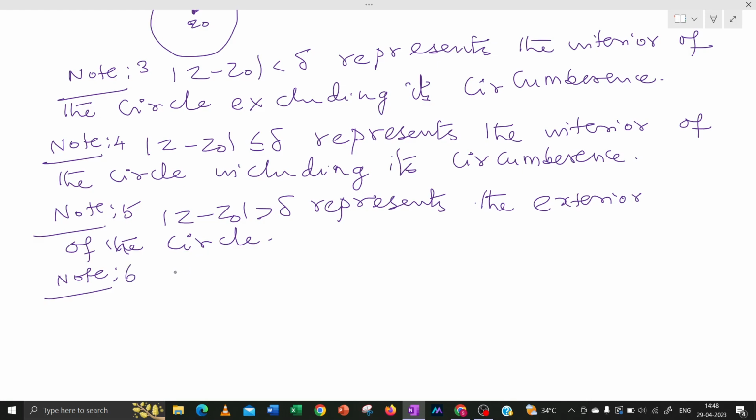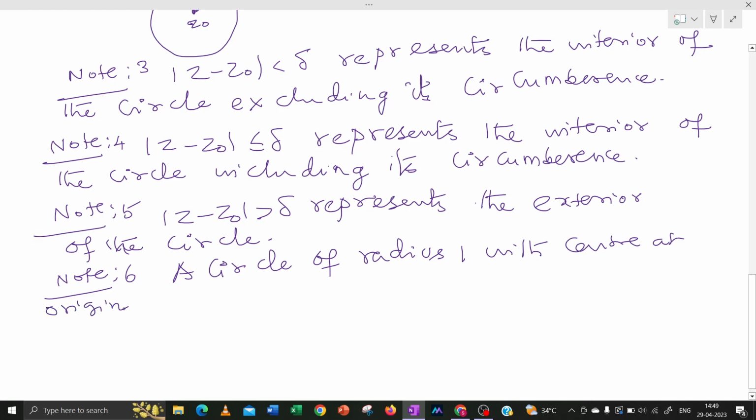A circle of radius 1 with the center at origin can be represented by mod z equal to 1.